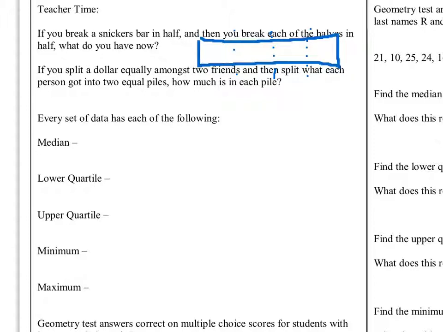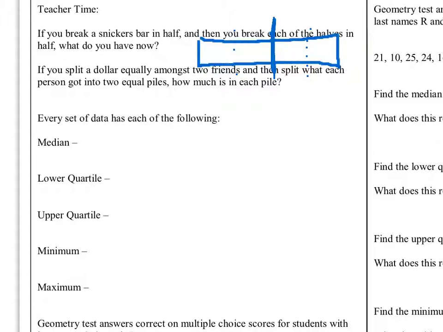Okay? So when we're talking about this particular thing, when we're breaking our data into half, that middle cut is our median. So we're kind of comparing our Snickers bar to what we're doing with our data sets. Before we look at what happens with these other two cuts, let's talk about money.